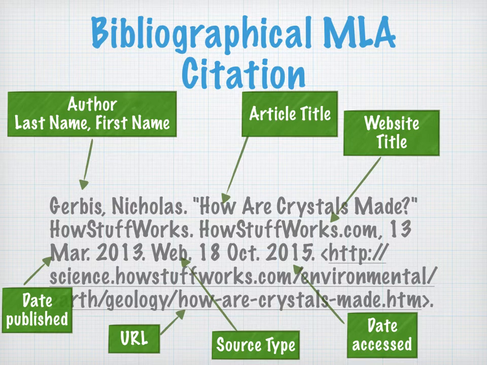It's going to include things like the author, the article title, the website title, the date you read it, the date it was published, the website URL, and the source type. I will teach you this a little bit later, but I just want you to be aware that this is something that we might have to do.